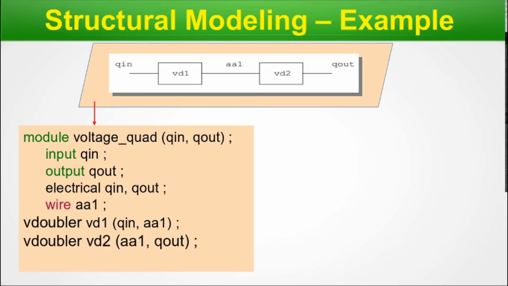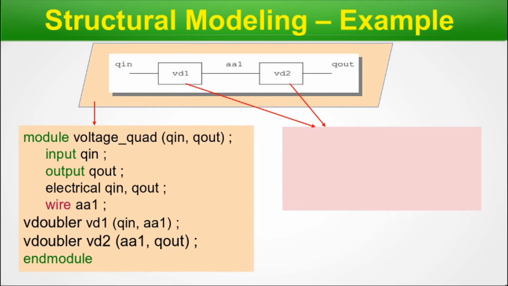This AA1 goes to the next voltage doubler unit VD2, which is an instance of the voltage doubler module, and the final output is Q out, and we close the module here. In this design I am going with a top to down approach.